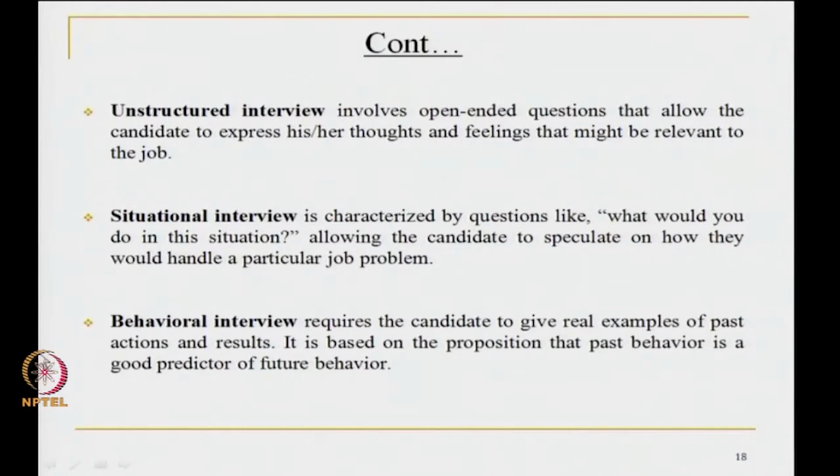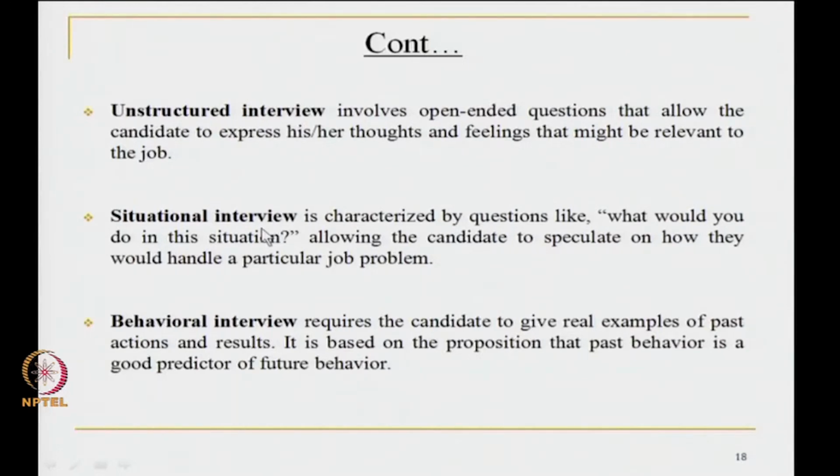Unstructured interviews involve open-ended questions that allow the candidate to express thoughts and feelings that might be relevant. Therefore, whether it is a structured interview or an unstructured interview, it is a question of the choice of the selectors, and very often they combine both the methods.